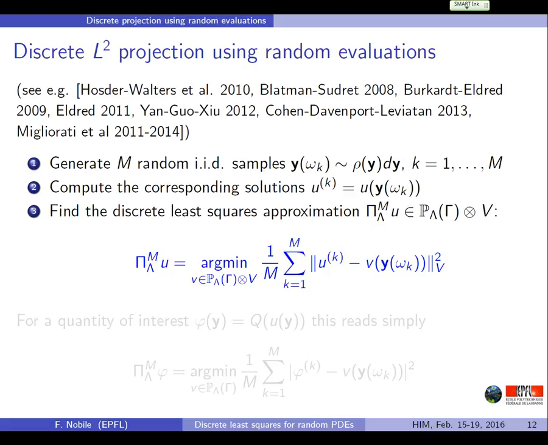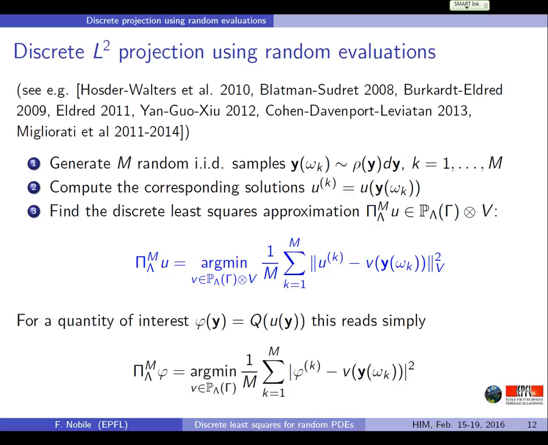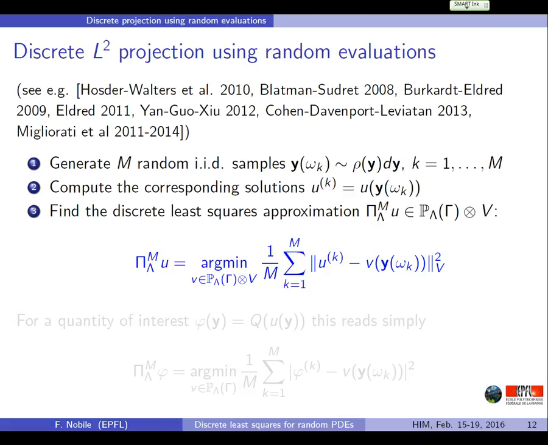For each one of those, you go back to your differential problem, solve it, and you get the solution. And then you collect all solutions, or the corresponding quantities of interest you want to approximate, and you build a polynomial approximation by simple L2 regression. So discrete least squares, where you try to minimize the misfit over all possible polynomial functions in your space.